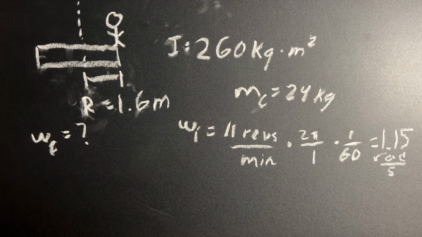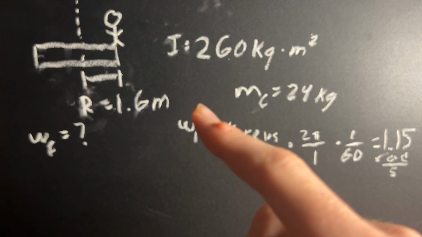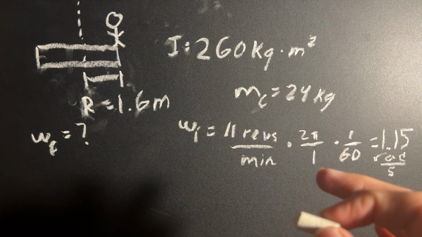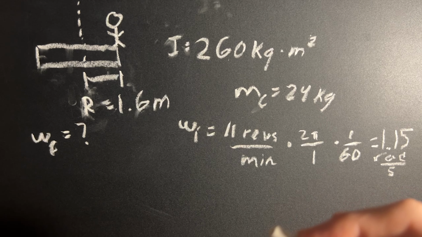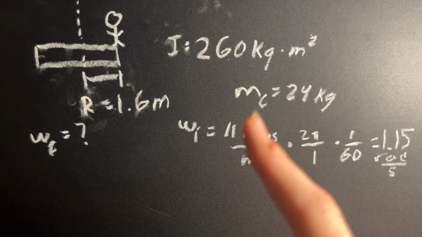What we were able to do is find the initial angular momentum. We can find the new moment of inertia with the child on the merry-go-round, and then we can set up an equation applying conservation of angular momentum to get our final angular velocity.